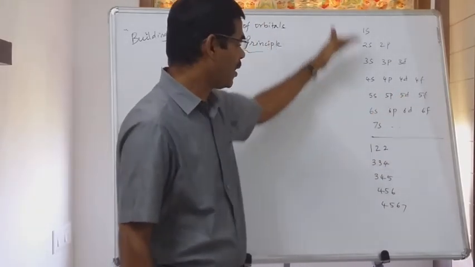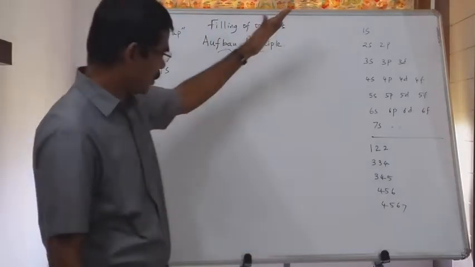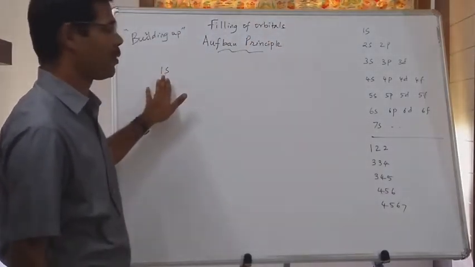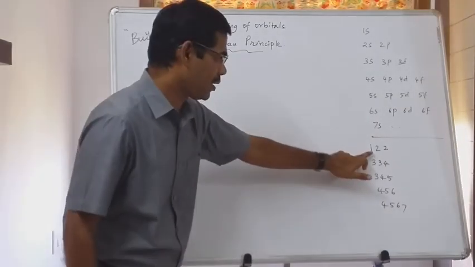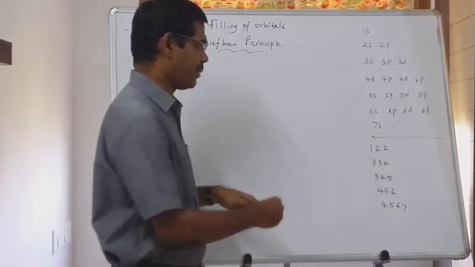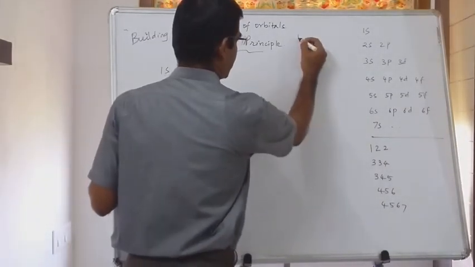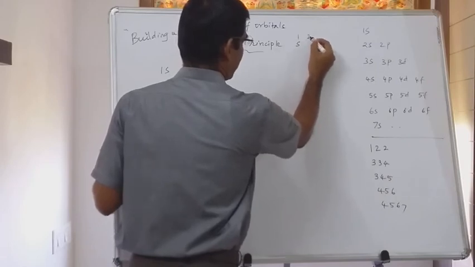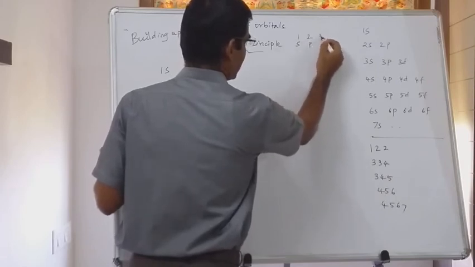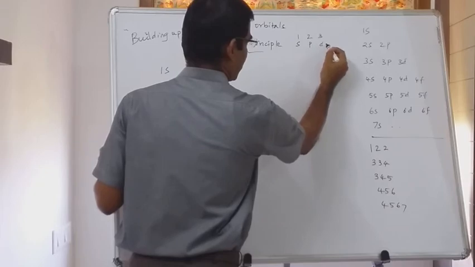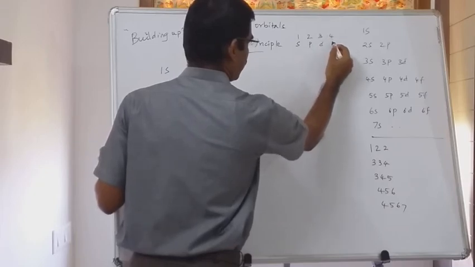These are all the orbitals available. Among these, the orbital with the lowest energy will be 1s. When a number comes for the first time, you write s. If a number comes for the second time, write p. If a number comes for the third time, write d. If a number comes for the fourth time, write f.